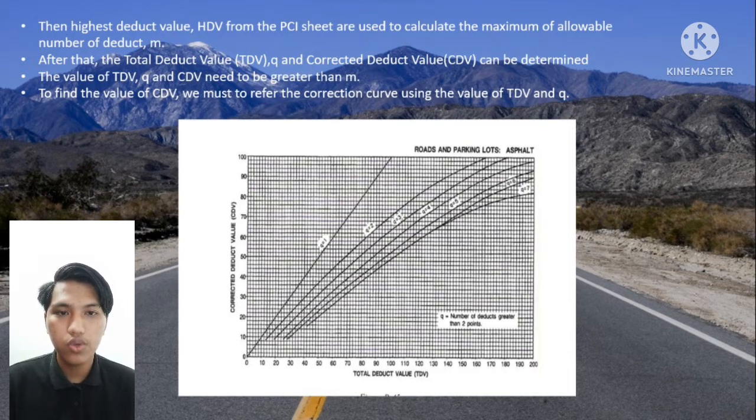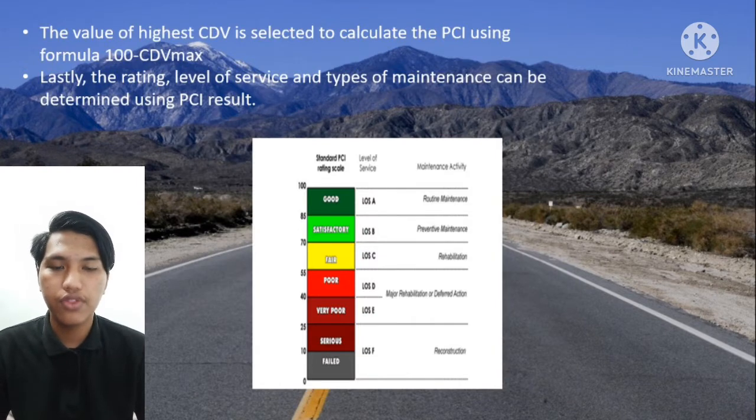The intersection between 2 points, which is TDV and Q, gives the value of the CDV. Next, after we obtain all the CDV values, the highest CDV value is selected to calculate the PCI using the formula 100 minus max CDV. Lastly, the rating, the level of service and type of maintenance can be determined by using the result of PCI.